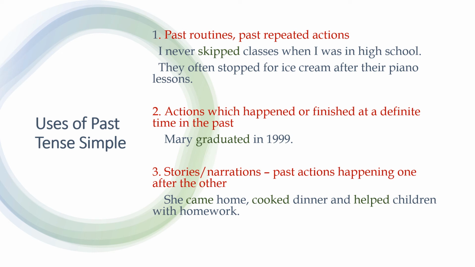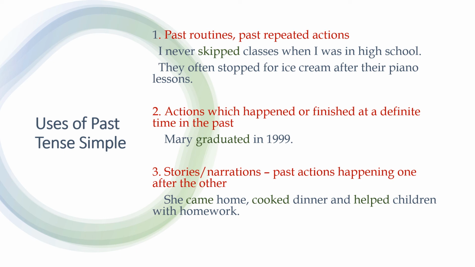Past tense simple is also used for past completed actions, actions which happened or finished at a definite time in the past. And when I say definite time in the past, I refer to the fact that you will see a specific or a specified moment in the sentence.